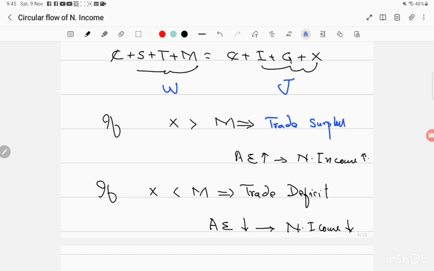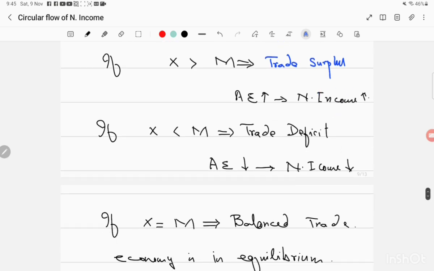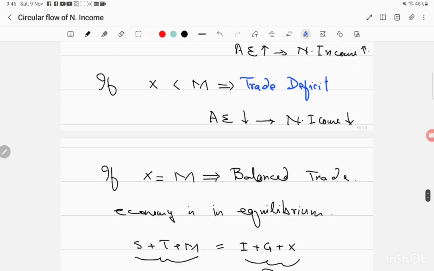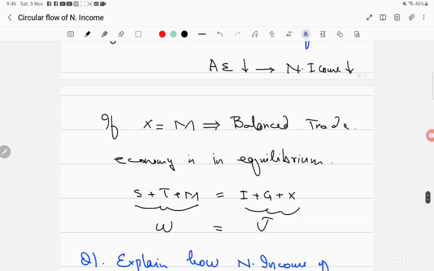When imports are greater than our exports, we find a trade deficit. That trade deficit will decrease our national income as the leakages or withdrawals are increasing in the form of more imports. So aggregate expenditures will fall and national income will decrease.